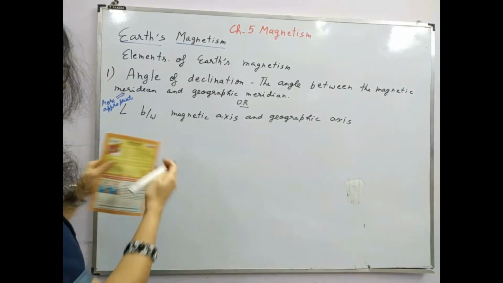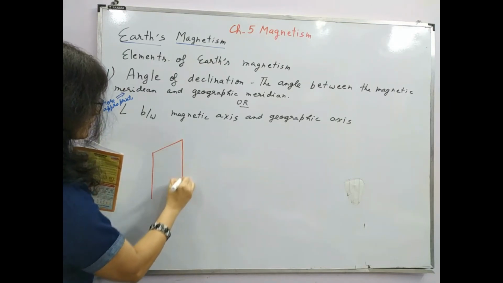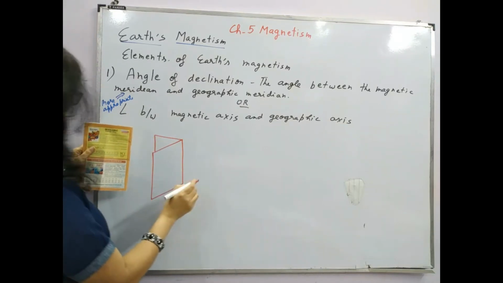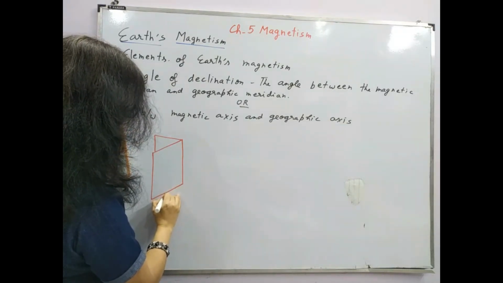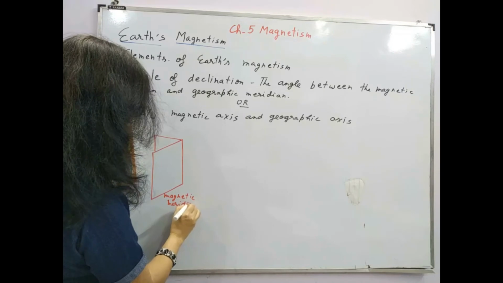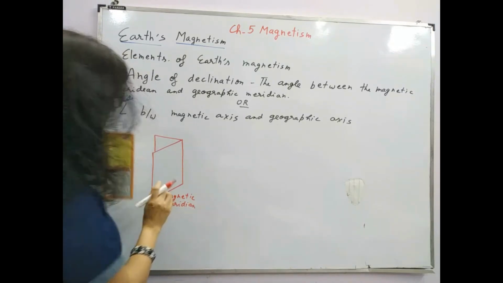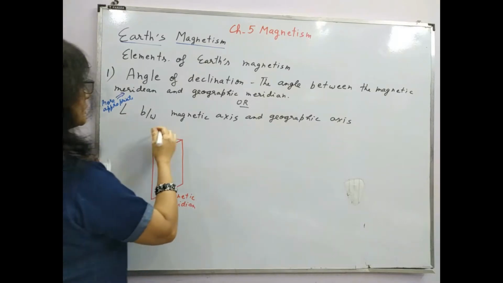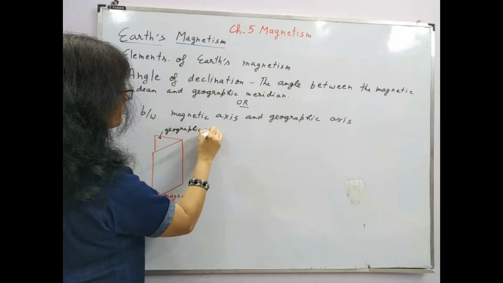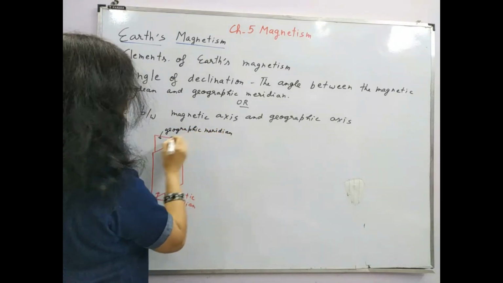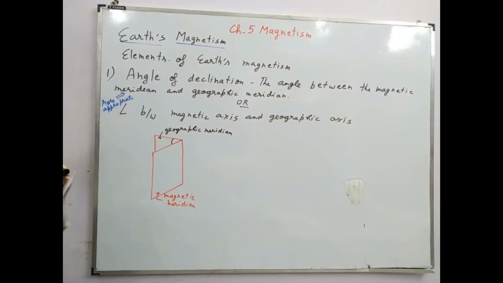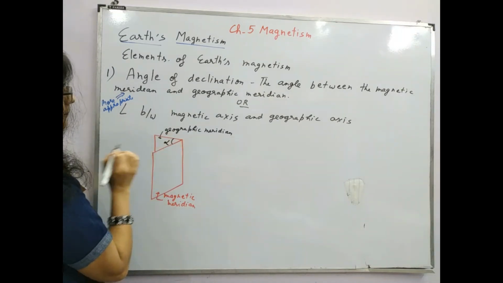If I draw these two planes, suppose this is the magnetic meridian and this is the geographic meridian, then the angle between these two is called the angle of declination and it is denoted by alpha.